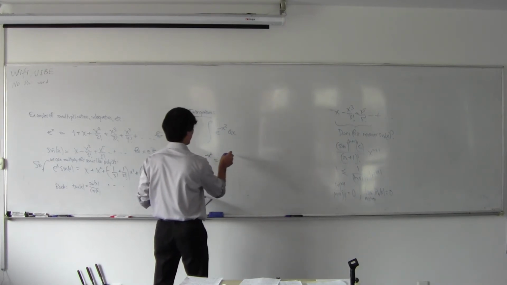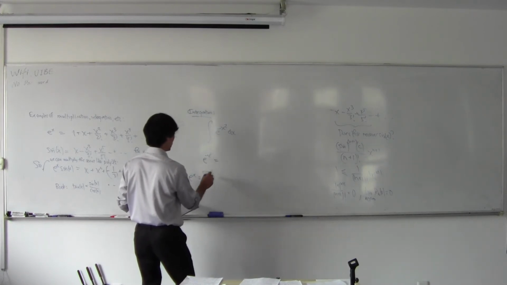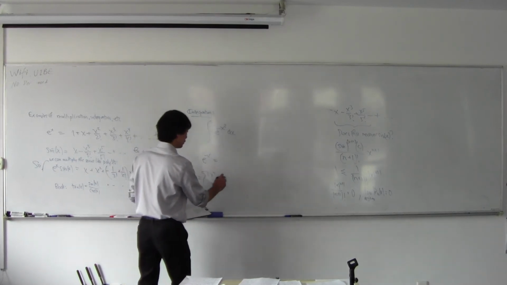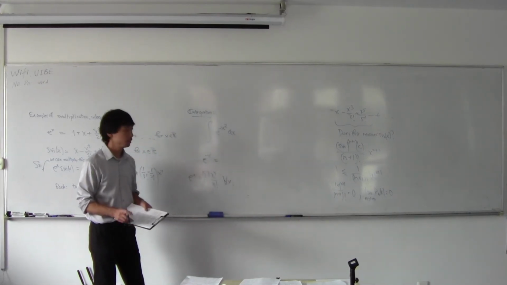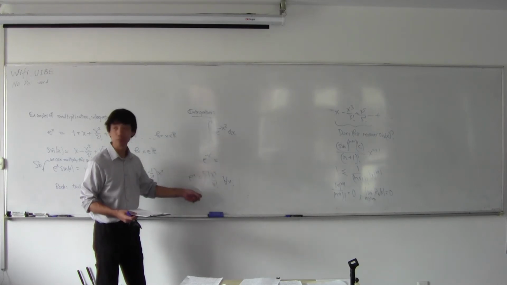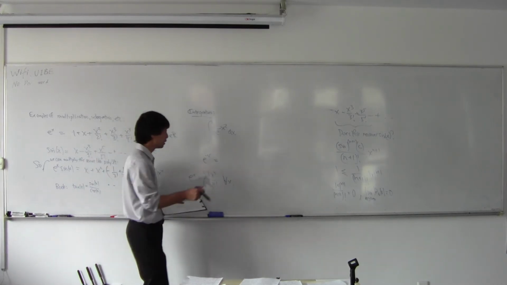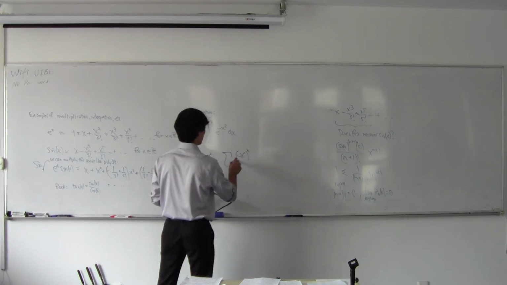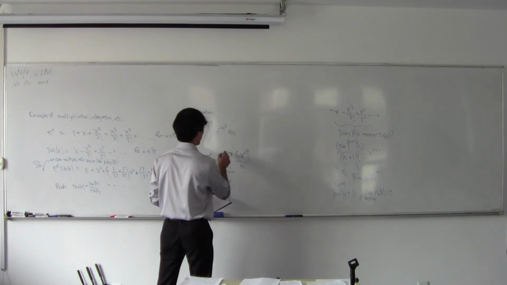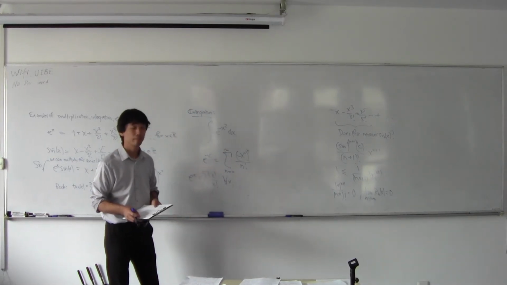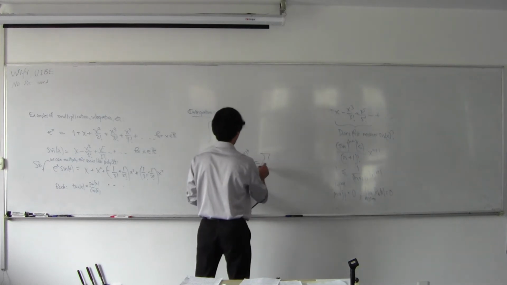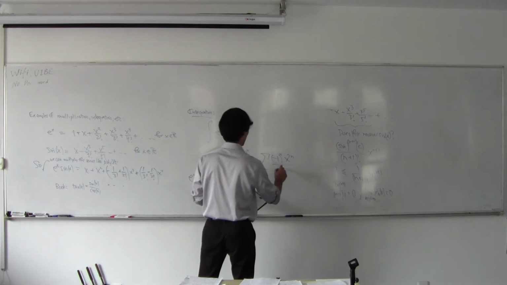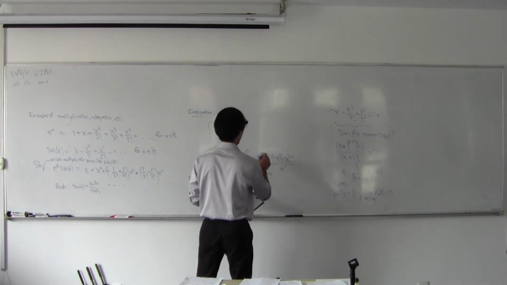Well, remember, e to the x is summation x to the n over n factorial, for all x. So let's just substitute in negative x squared into here, and we get summation negative x squared to the n over n factorial from n equals 0 to infinity. In other words, we get summation negative 1 to the n x to the 2n over n factorial from n equals 0 to infinity.